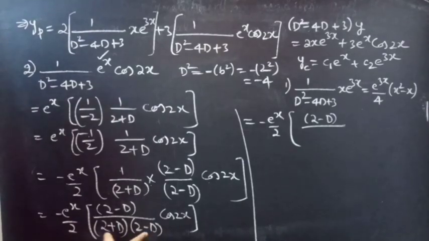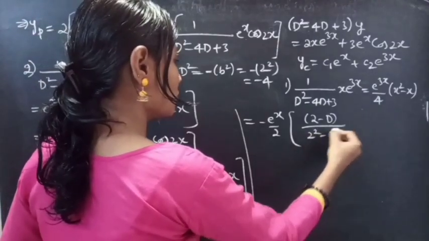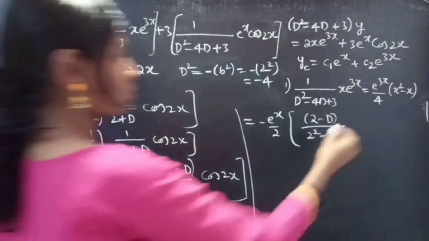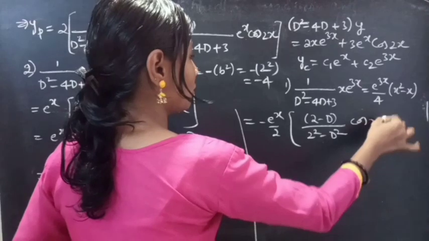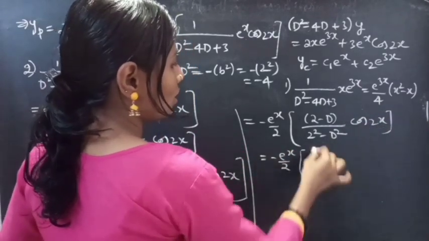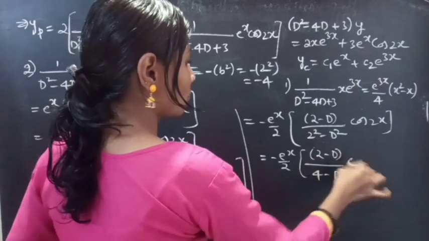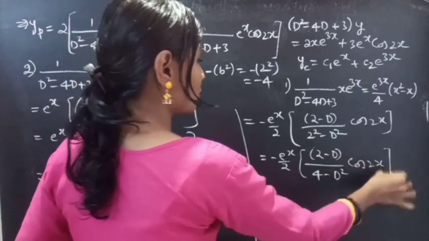This is of a plus b into a minus b form, so we can write it as a square minus b square into cos 2x, which is equal to minus e power x by 2 into 2 minus d by 4 minus d square into cos 2x, right?